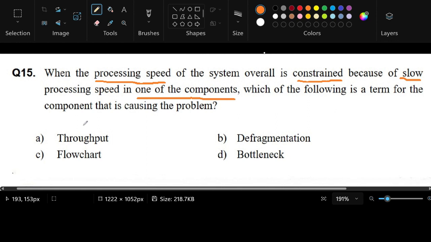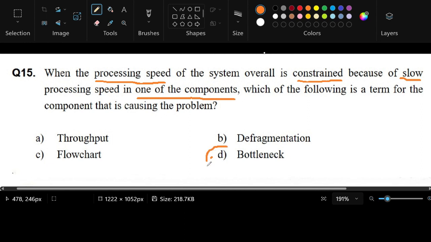That's why when I was looking at the choices a while ago, I quickly chose the bottleneck, letter D, as the answer. And lo and behold, that is indeed the correct answer.